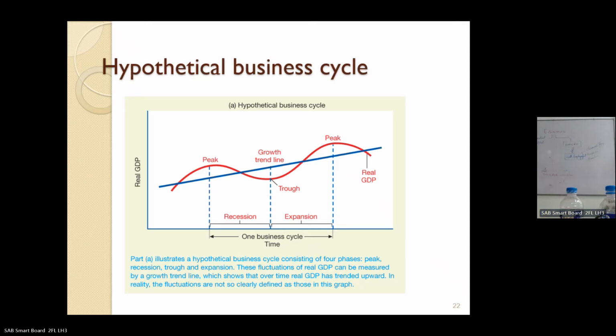This gradually increases. The actual output fluctuates, but the potential output level increases gradually, because that is the steady state output level.